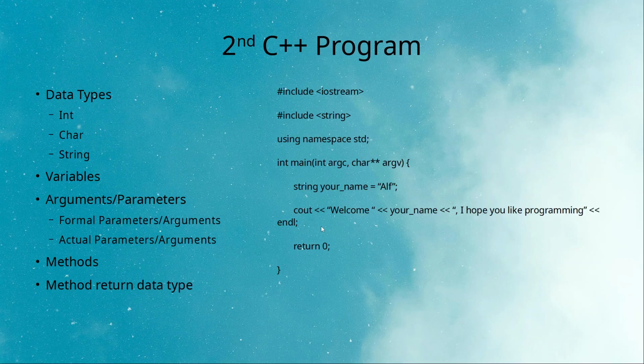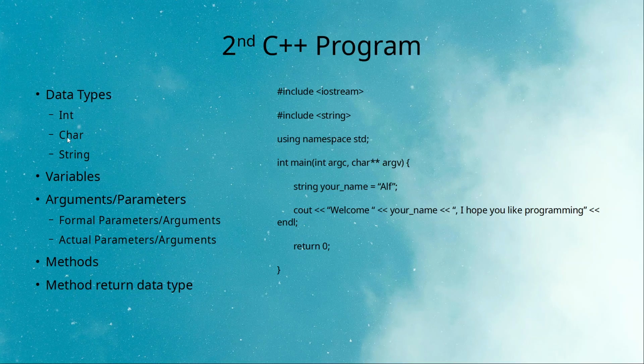Okay, let's look at the second program. The second program is one step higher version of the same simple program. We are using data types. What are data types? We have already used the int data type before in our first program, integers, right?